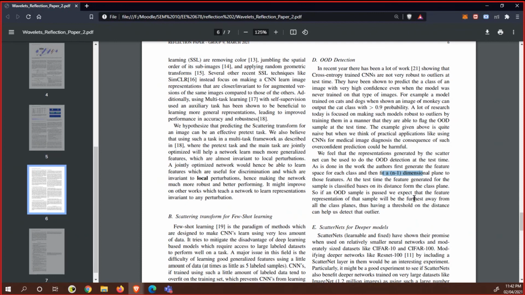So these n minus one dimensional planes can then be taken as the spaces on which our known classes lie.